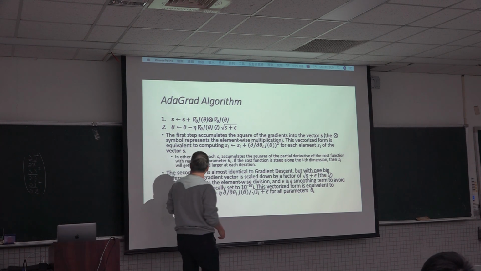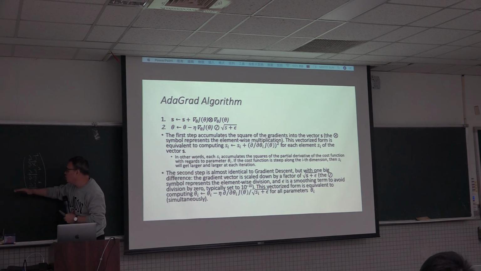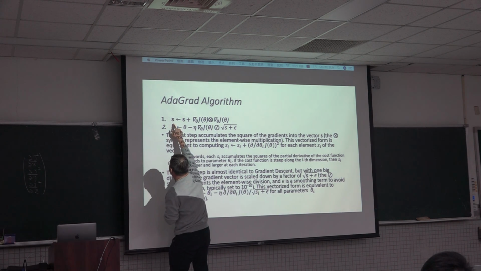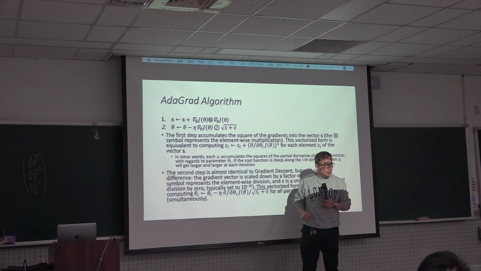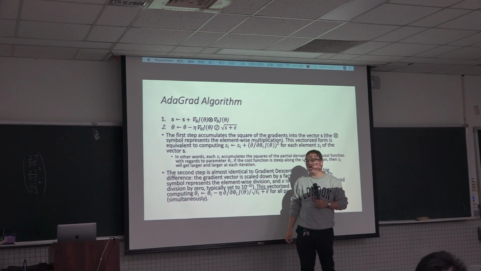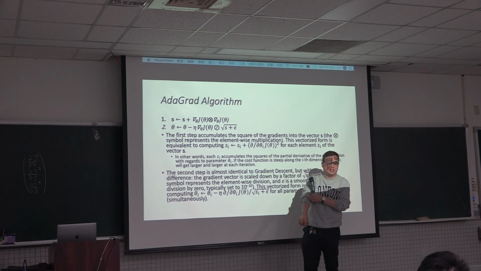And then we add this vector to the original S, and put that in the vector S. This is going to serve as the normalizing factor for each dimension in the later computation.